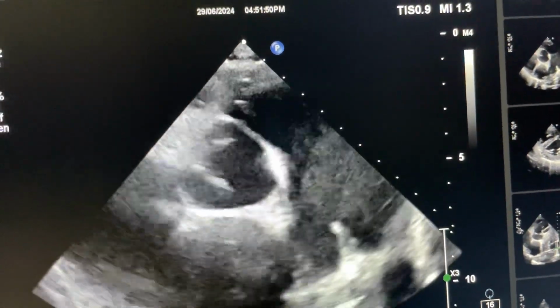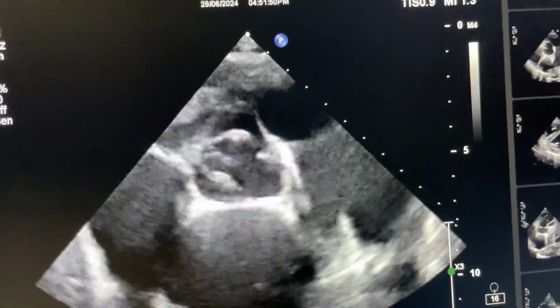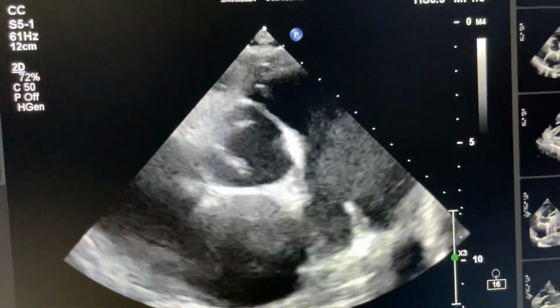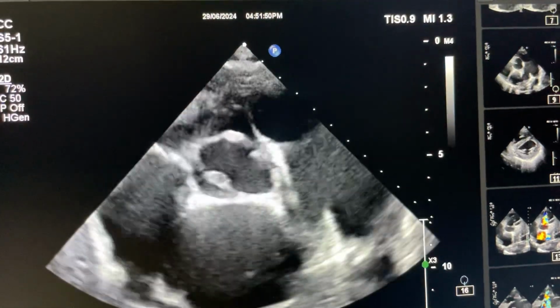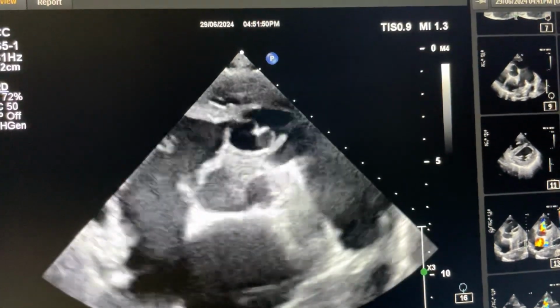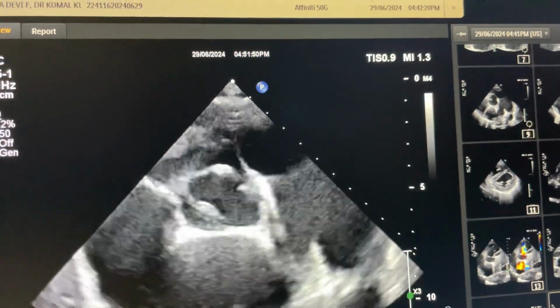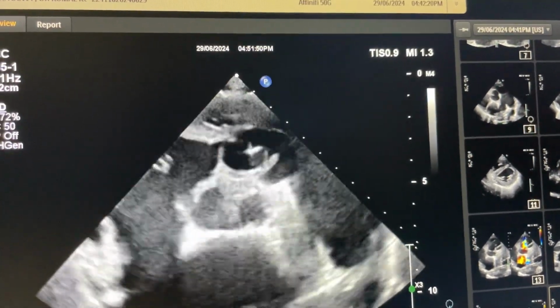So what happens? Main pulmonary artery dilated. Ultimately, the main pulmonary artery gives blood into RPA, LPA, pulmonary circulation, then pulmonary vein, then left atrium, then left ventricle, then again aorta. So ultimately, the left-sided structures are dilated in this case, they have to be dilated.